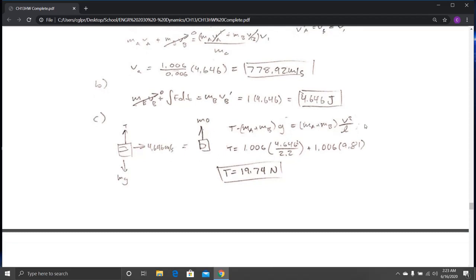The normal acceleration is v squared over rho, or in this case L. I just isolate for T, plug in my variables using the velocity that I already found in the very beginning of part A, and I am able to find that the force of tension is going to be about 19.7 newtons.